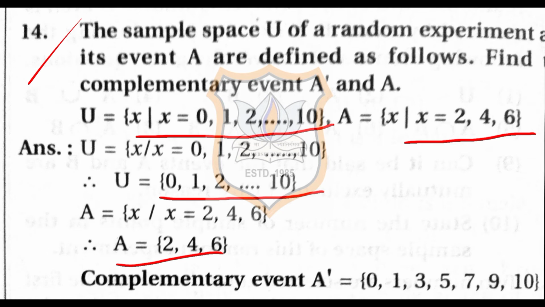So what are the numbers? See, 0 is in U but not in A, so you will include it in A dash. 1 is in U but not in A, so you will have 1. 2 is there in A, so you can't take it. 3 is in U but not in A, so you can take 3. 4 is in A, so you can't take it. 5 is in U but not in A, so you can take that. 6 is in A, so we have to leave it.